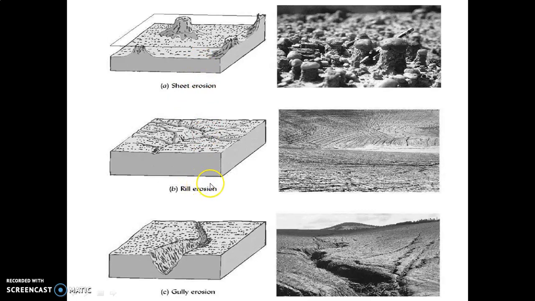Next, rill erosion. In rill erosion, due to heavy rainfall, if small pits or small depressions are formed on the earth's surface, then it is called rill erosion. And the last, gully erosion: if the rainfall continues for a longer period of time, those small pits and depressions will become large.